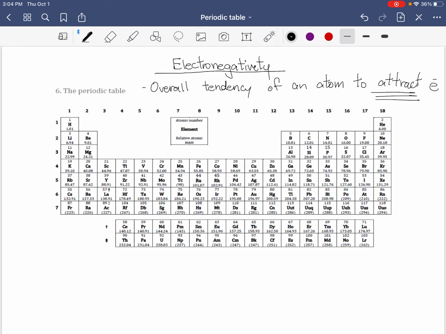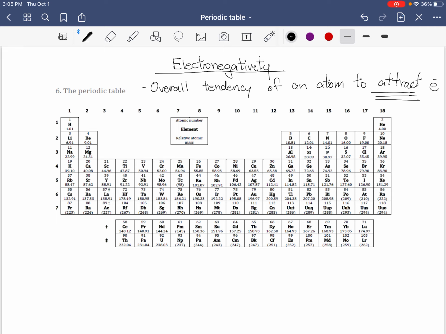Now, the type of bond that exists between 2 atoms is dictated by the difference in their electronegativity. Let me say that one more time. The type of bond that exists between 2 atoms is solely dictated by their differences in electronegativity.